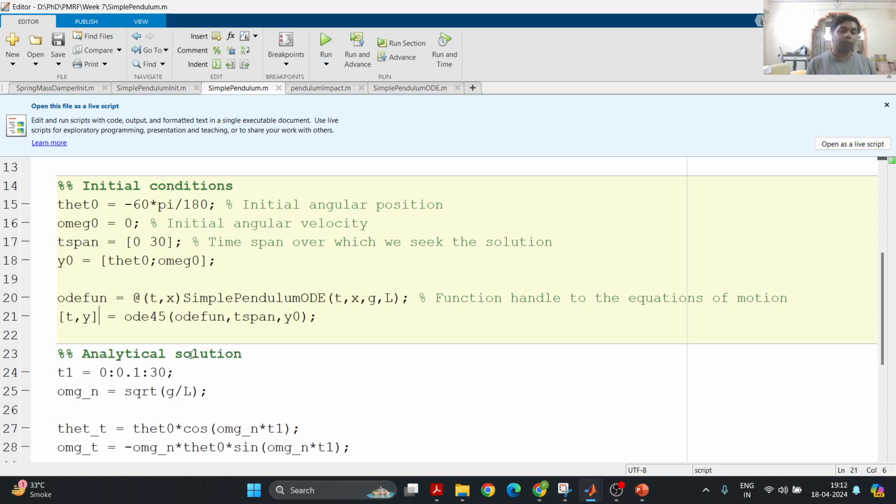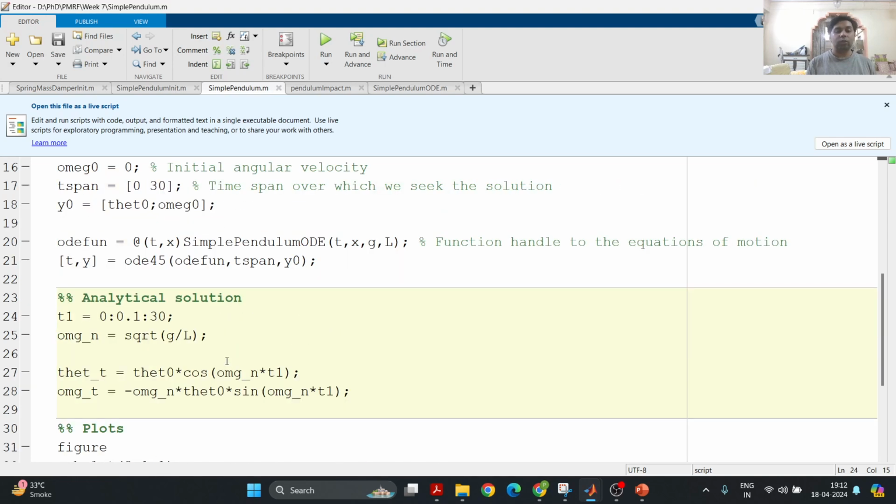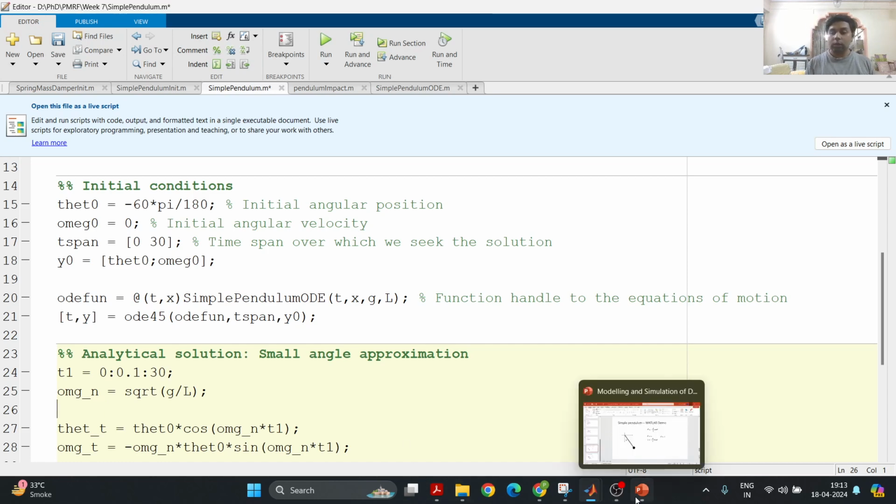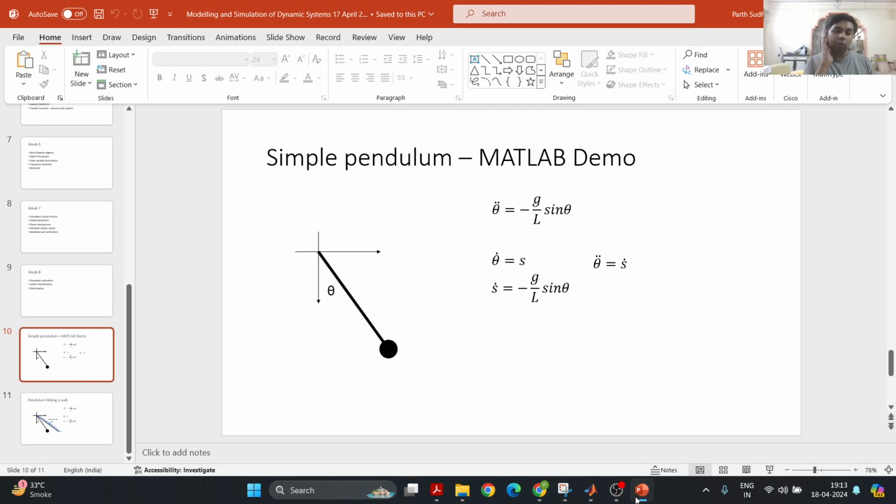Now to compare, we generally consider an analytical solution by considering the small angle approximation, so we consider sine theta is nearly equal to theta. Therefore the differential equation reduces to theta double dot is equal to minus g by l theta.